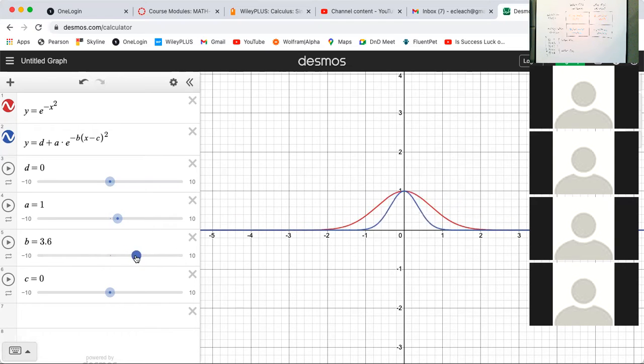The high point and the horizontal asymptote are not changing, but we're stretching or squishing the graph based on the value of b. The high point is still at 0, 1. We're just pulling in those inflection points that we identified last time.